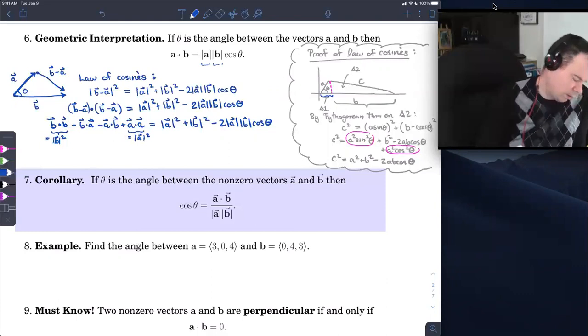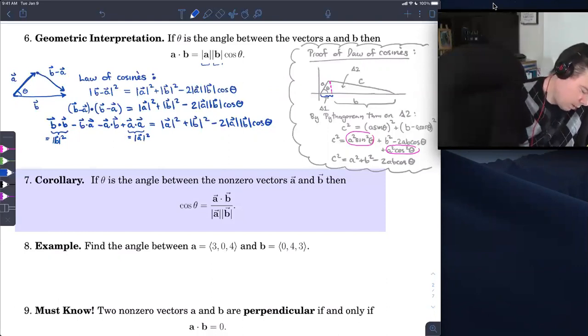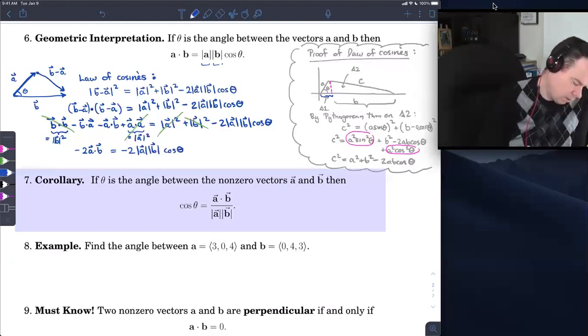And the two things left over in the middle are just twice the a dot b. So this term cancels with this term, and I get negative 2 a dot b is equal to negative 2 magnitude of a magnitude of b cosine theta.